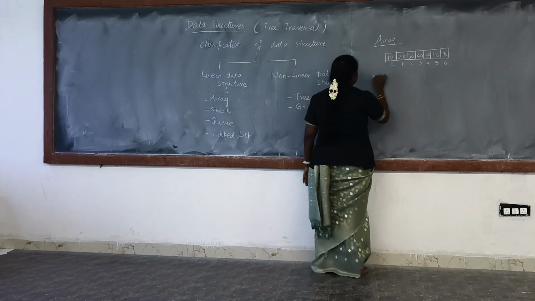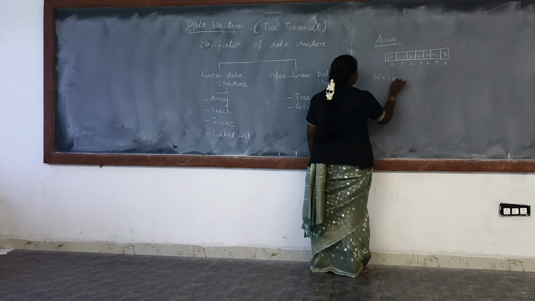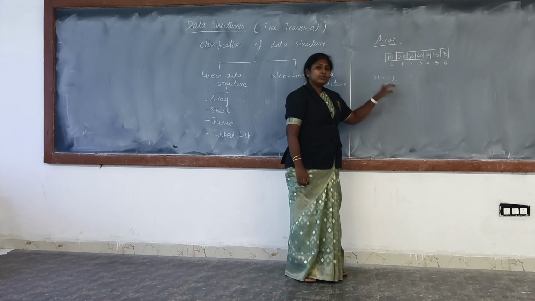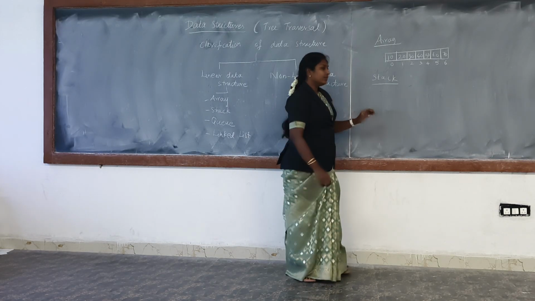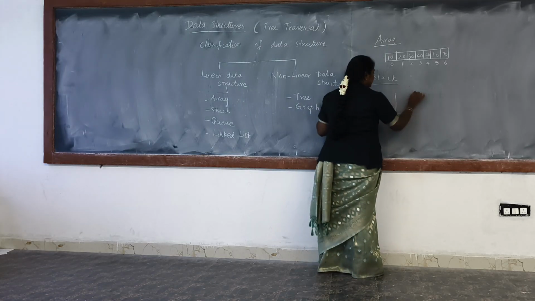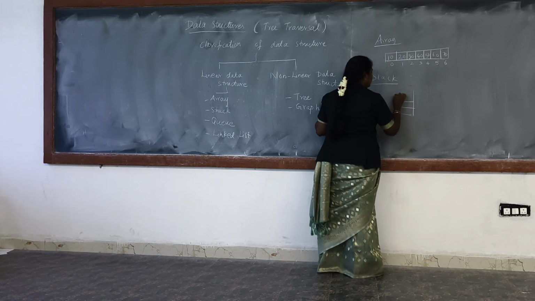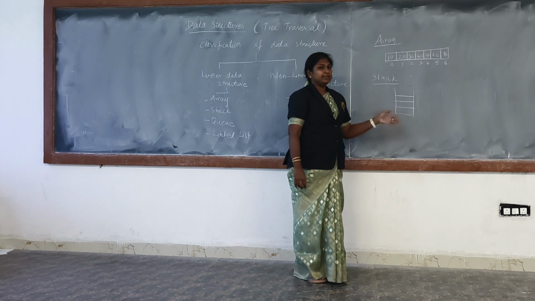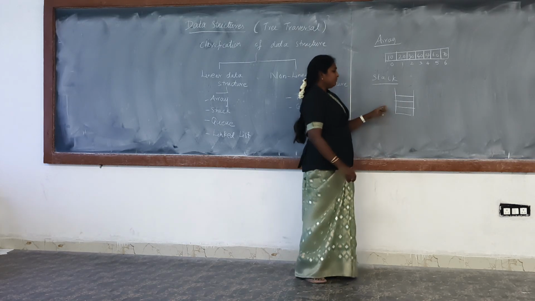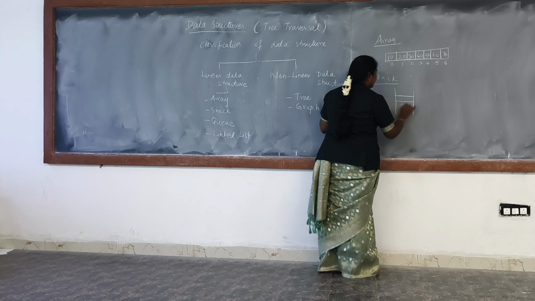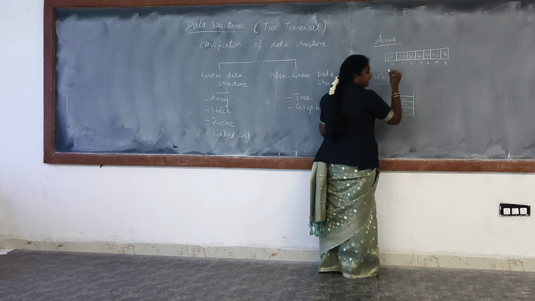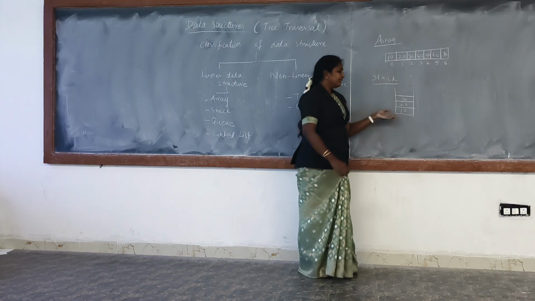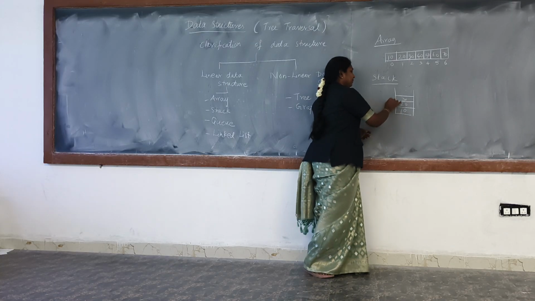And next let's move on to stack. Stack is also a linear data structure where you can store elements in a sequential way. I can store elements like 10, 20, 30 and so on. It has an index also, starting from 0, 1, 2.